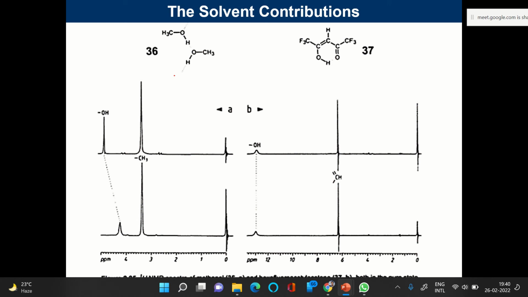So for example, you can see that thing happening over here. This is methanol, this is the pure methanol, and you find this is what happens.